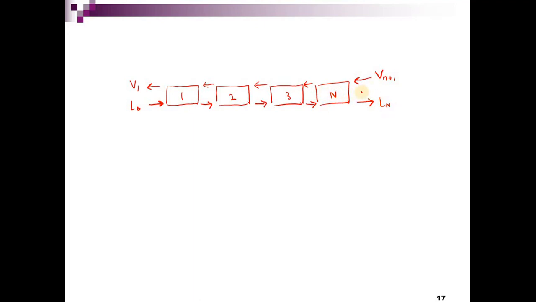After n is n plus 1, so for the solvent we put Vn plus 1 because it comes from stage n plus 1. And V1 means it comes from stage 1, so we put V1. So this is for the multi-stage.